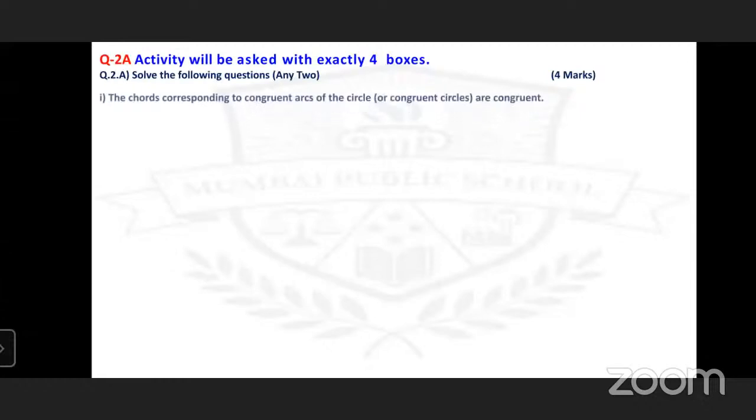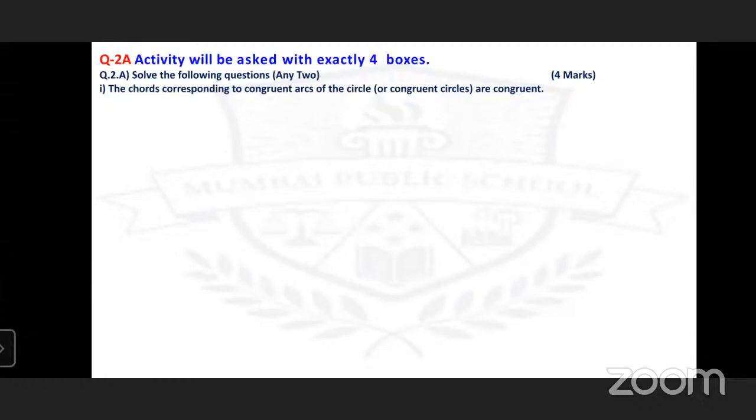So please see the first activity. The chords corresponding to congruent arcs of the circle or congruent circles are congruent. So in this question, see here a circle is given, B is the center and chords AC and DE are given.